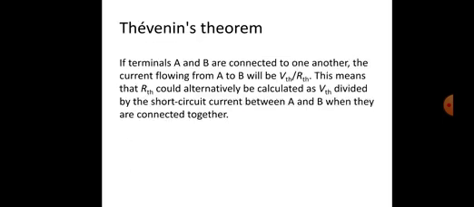If terminals A and B are connected to one another, the current flowing from A to B will be VTH divided by RTH. This means that RTH could alternatively be calculated as VTH divided by the short circuit current between A and B when they are connected together.